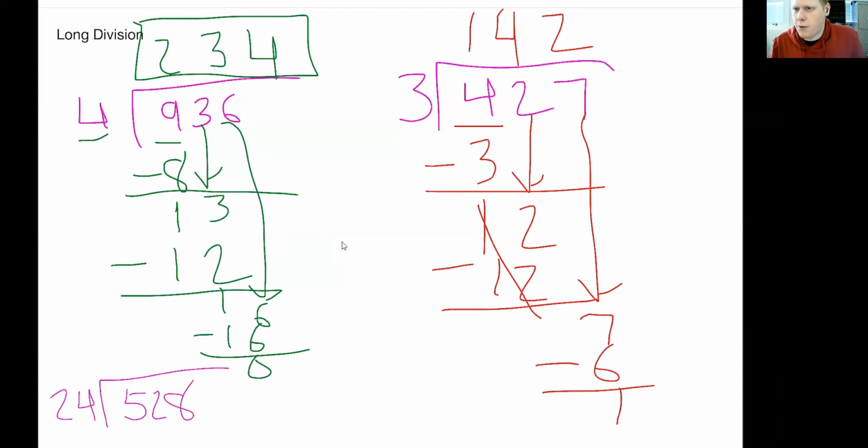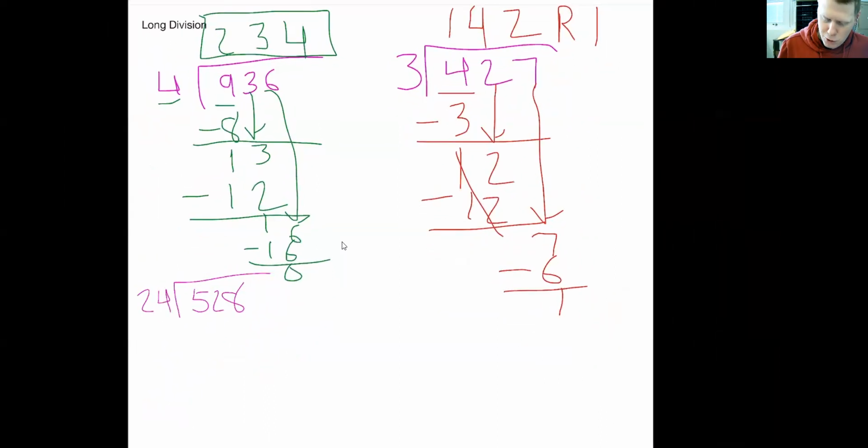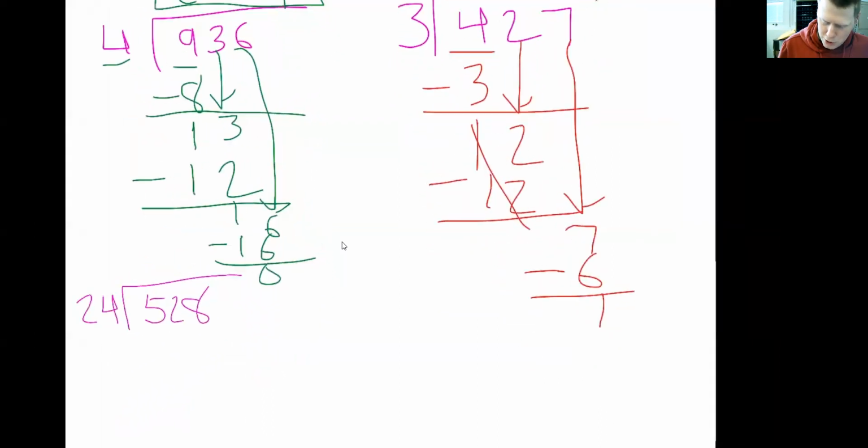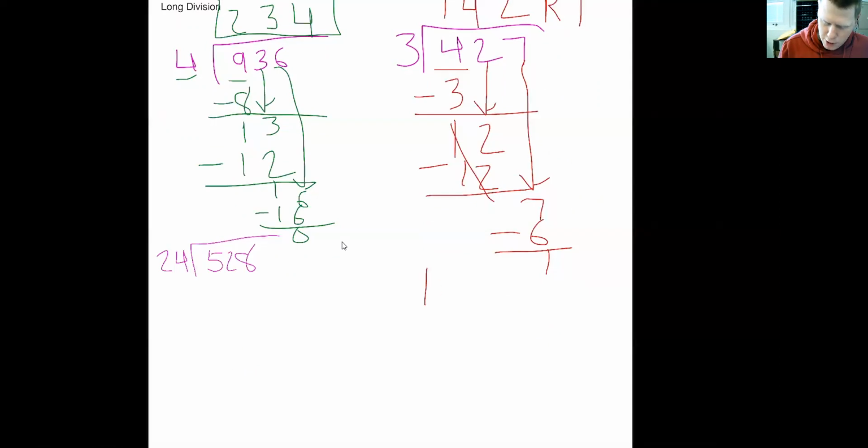And if you ask yourself how many times does 3 go into 1, well, it doesn't. So you can't do any more. So this is called our remainder. I don't know in your class if this is where you stop. But sometimes you might need to change this remainder into a decimal. So if you do more than this, our answer would be 142.